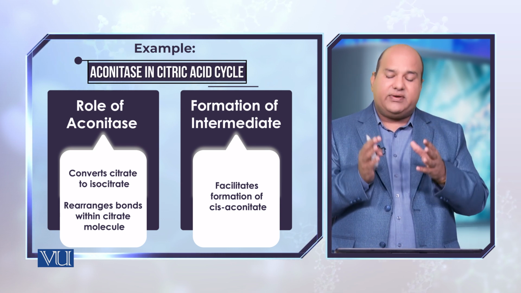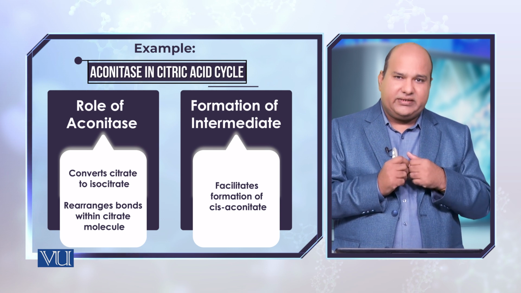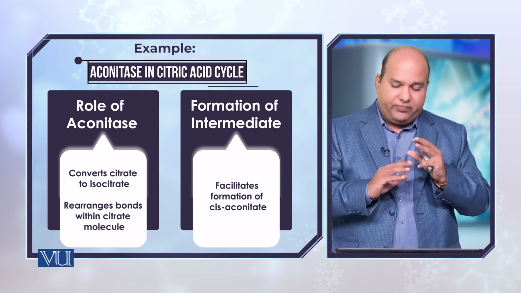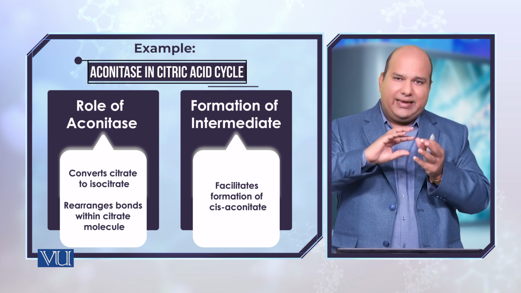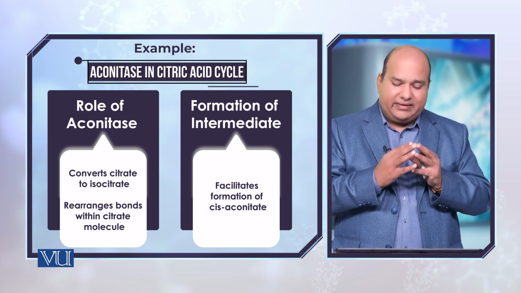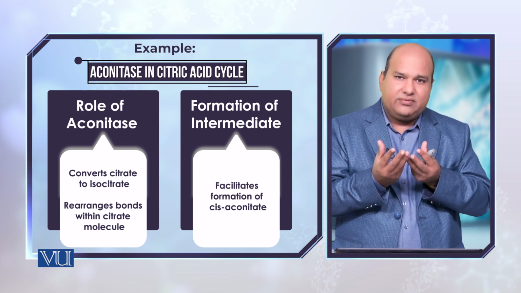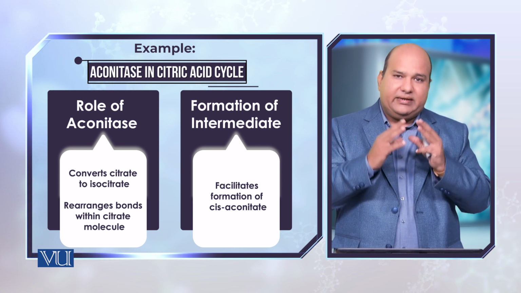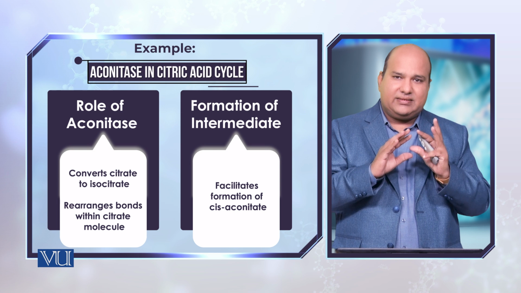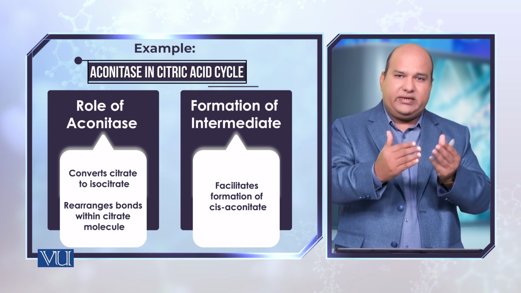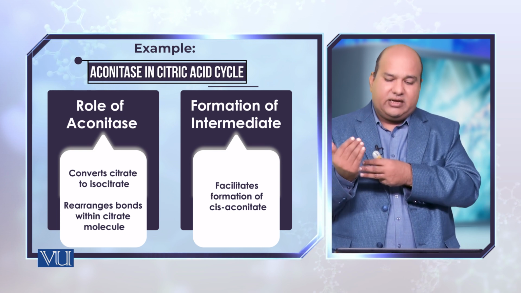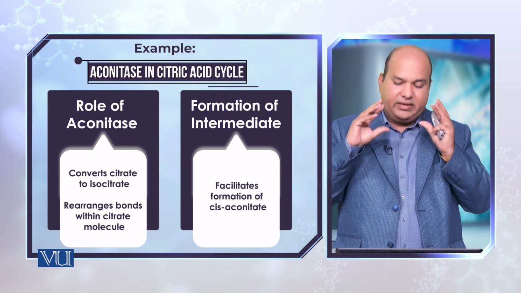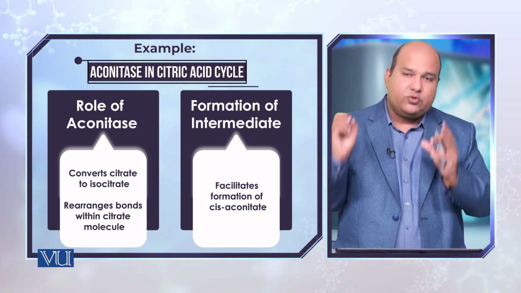When you convert citrate to isocitrate, the molecules of citrate have to be aligned in a way that a transition form is formed, known as cis-aconitate, and the enzyme involved is aconitase. That cis-aconitate can then very easily be converted into isocitrate.